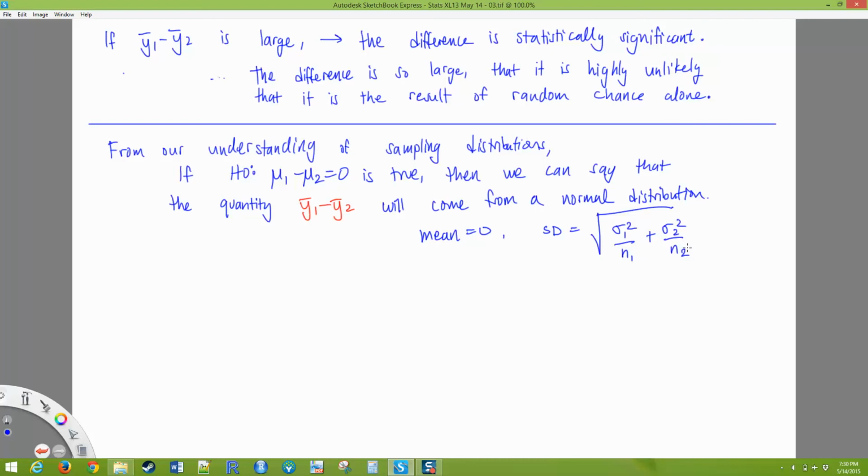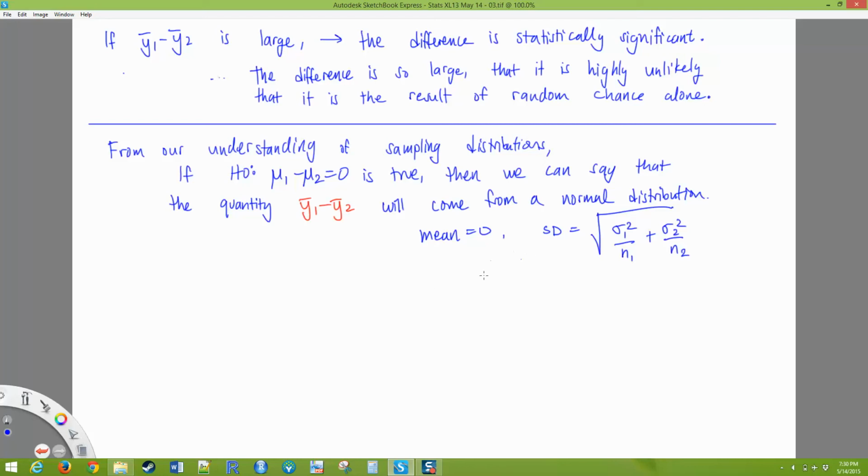But we run into the problem, again, of not knowing what sigma 1 and sigma 2 are. So we're going to use the standard deviations of the sample. It's going to look a lot like when we did confidence intervals.